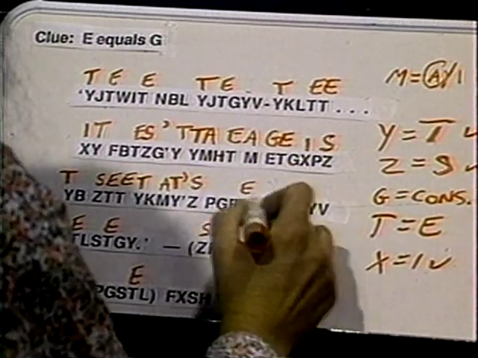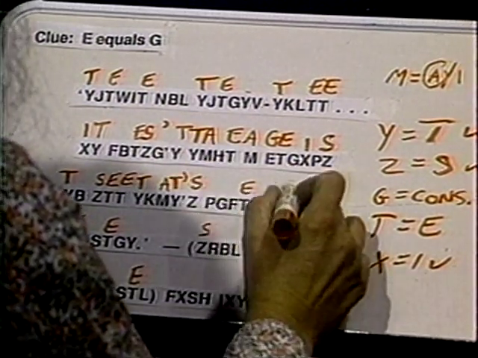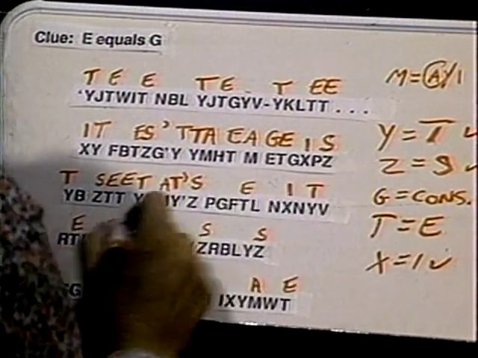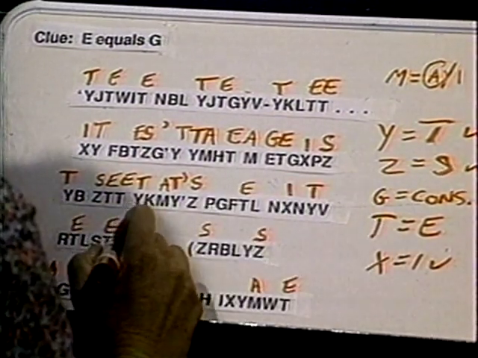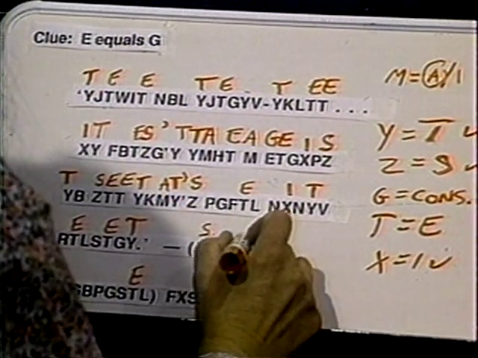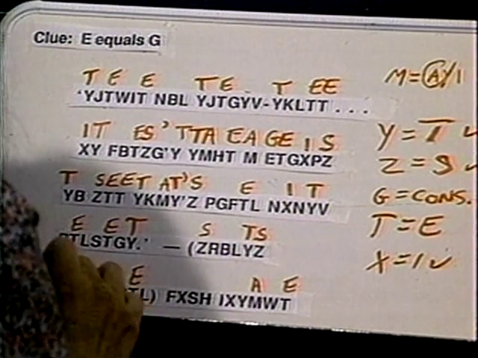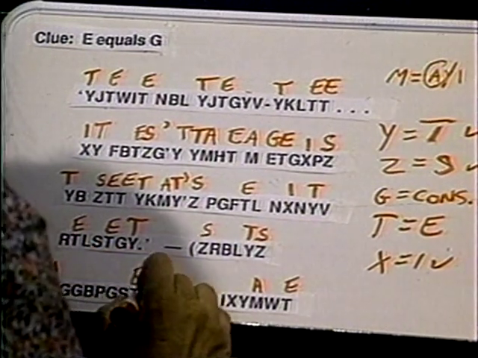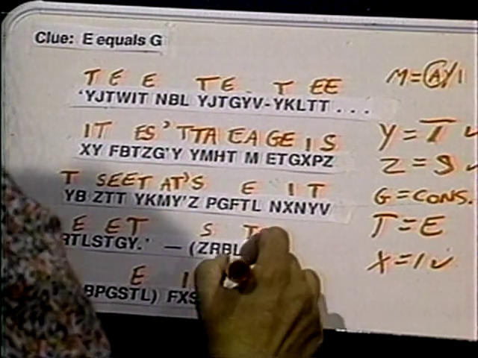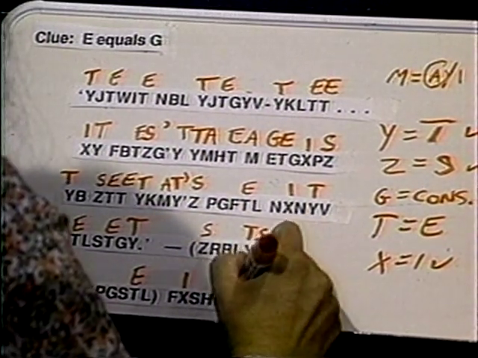Here's an X, which is I. Y is T. No X is there. Here's an X, which is I. Another X, which is I. A Y, which is T.